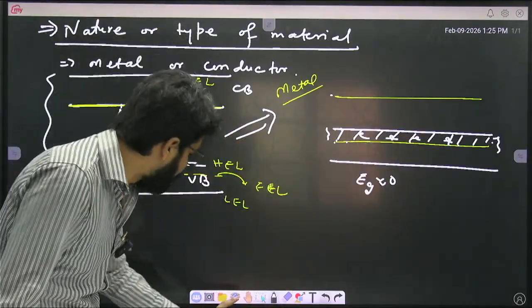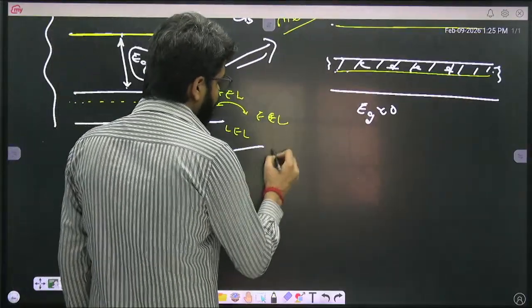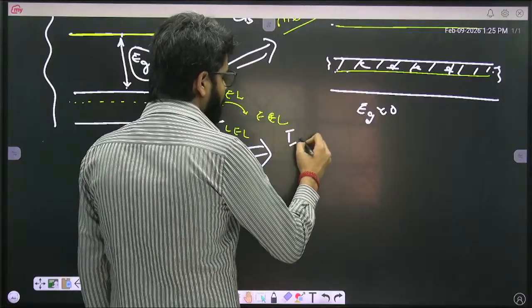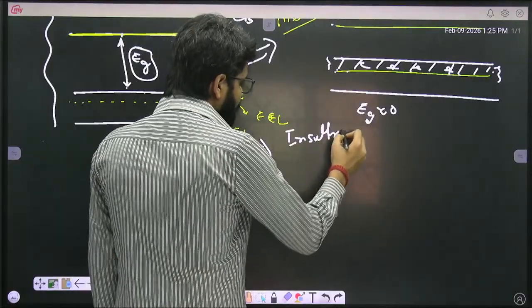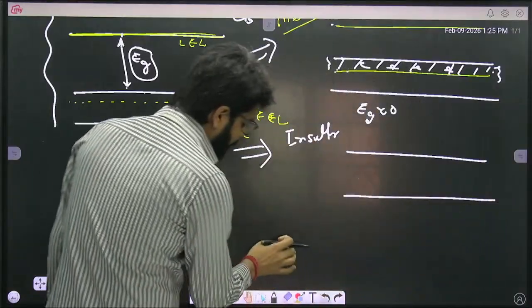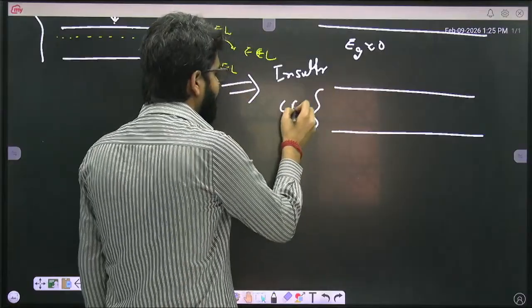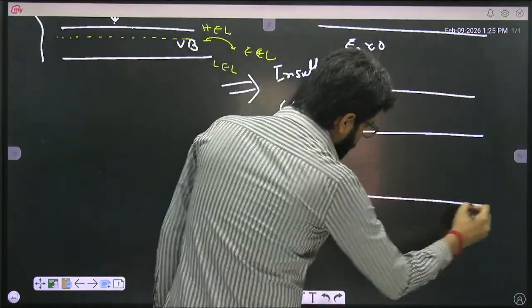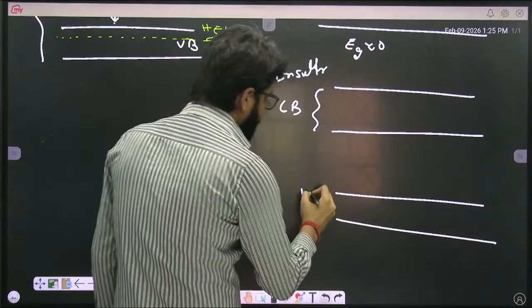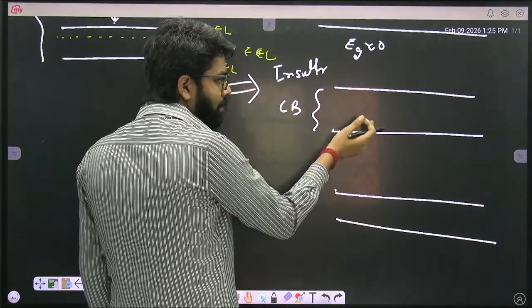Now we first draw for the insulator, then we move to the semiconductor. For the insulator, there is a huge gap between the conduction band and the valence band. This is your conduction band, CB, and this is your valence band. The width of the valence band is less than the width of the conduction band, which has more energy capacity.